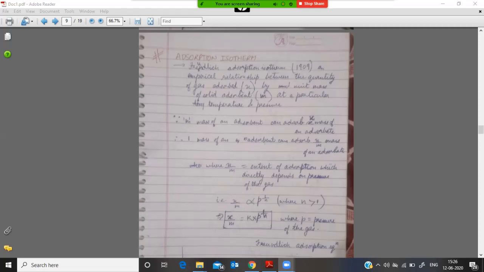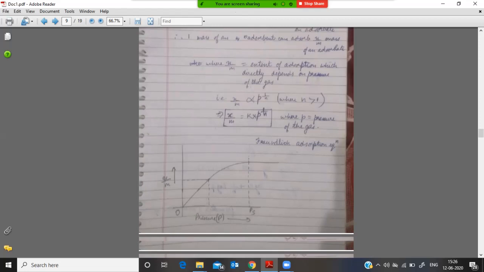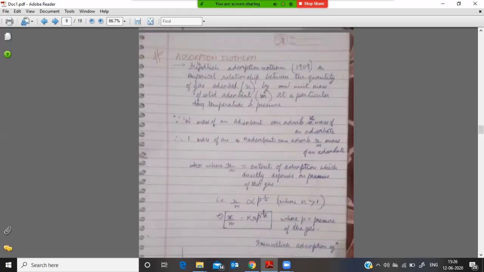That is adsorption isotherm. There are two types of isotherm: Freundlich adsorption isotherm and Langmuir adsorption isotherm. We have to learn the Freundlich adsorption isotherm. So adsorption of a gas on a solid results in the decrease of pressure.